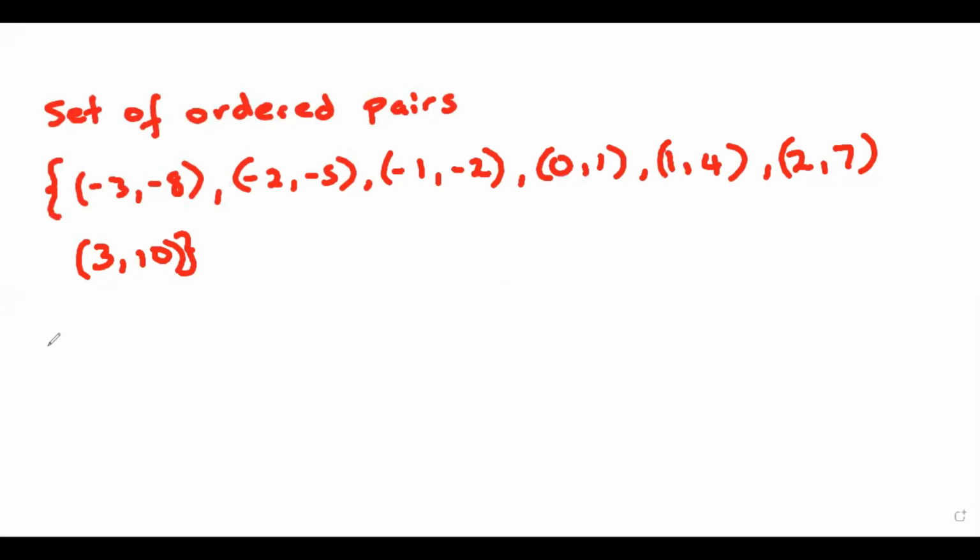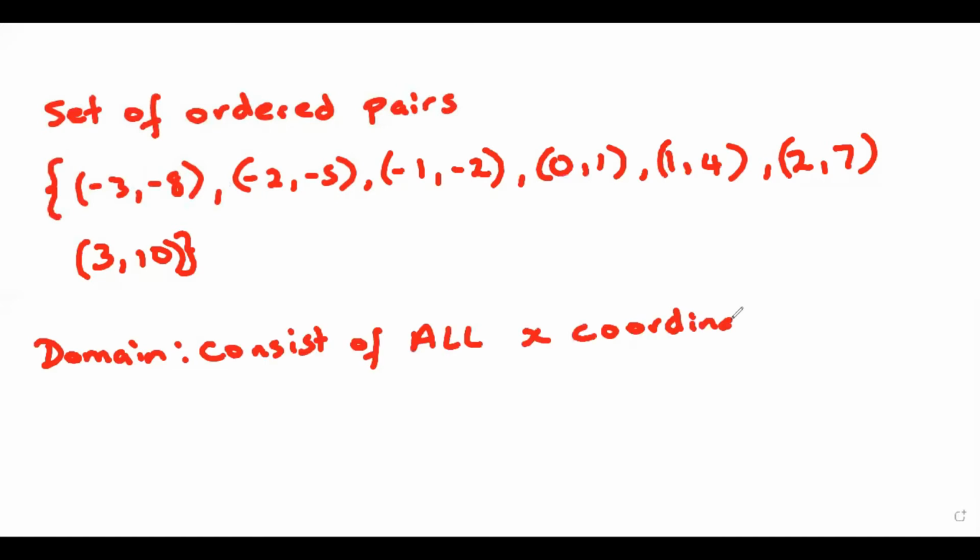So again, the domain consists of x coordinates, inputs, objects. So those are the terms that you can use: x values, inputs, domain, objects.